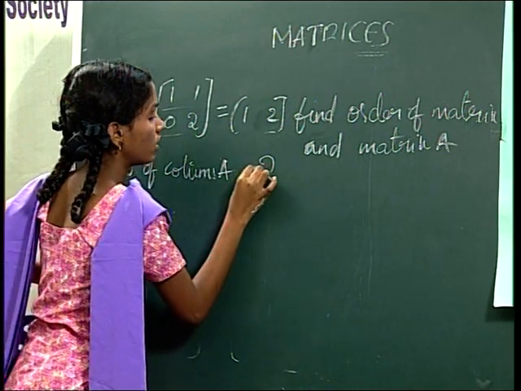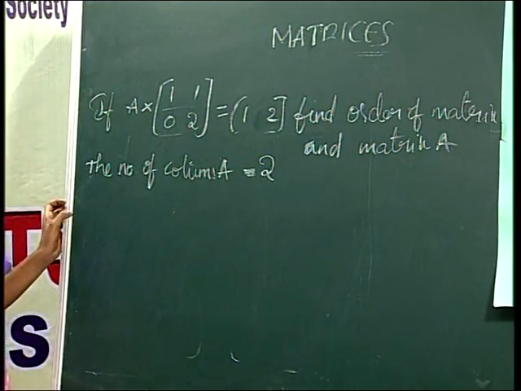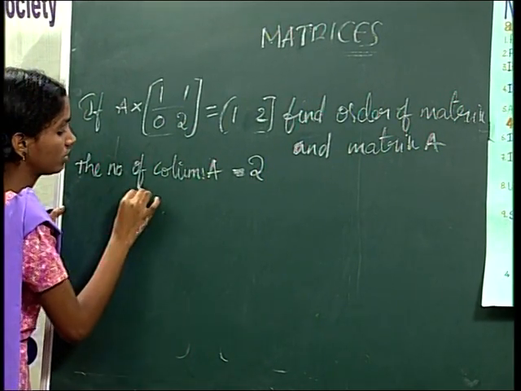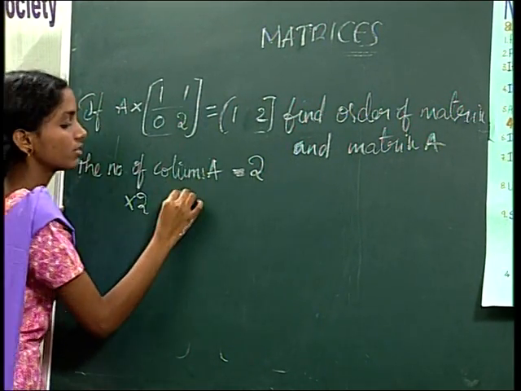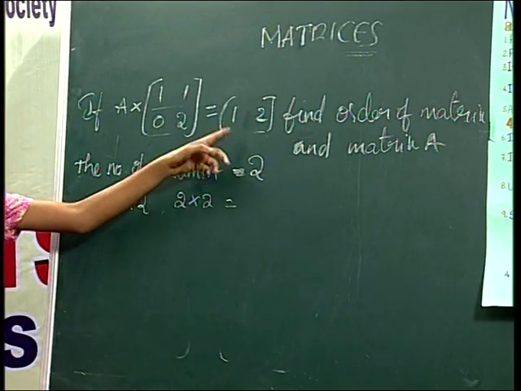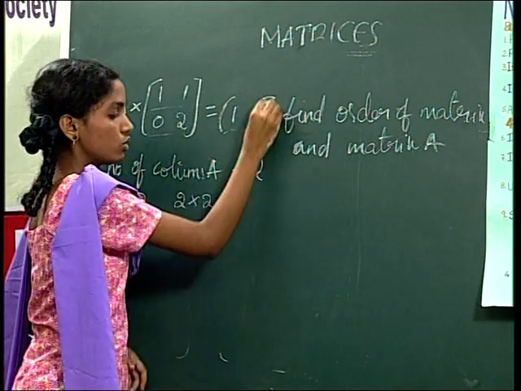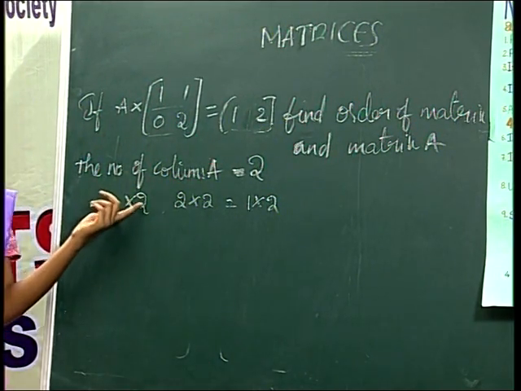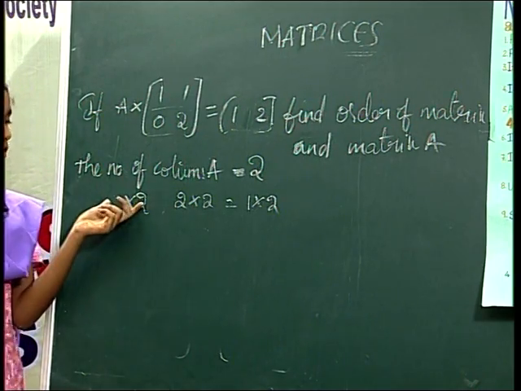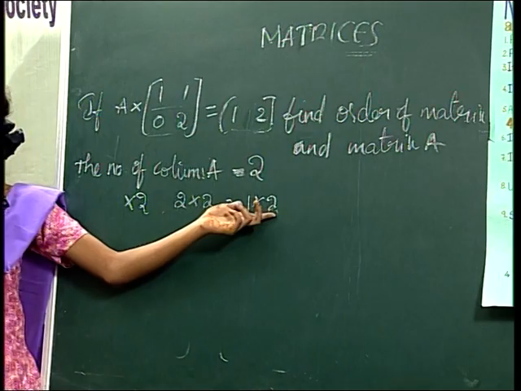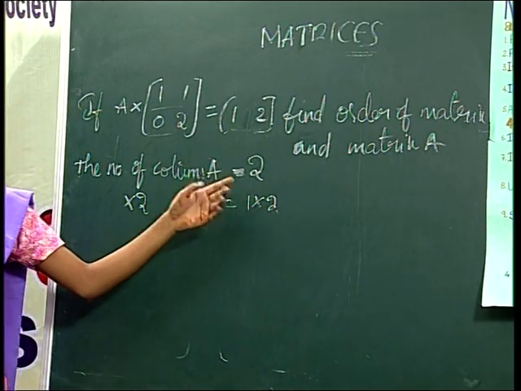in A is 2. Next we have to find the rows of matrix A. Here the order of this matrix is 2 into 2 and the order of the product matrix is 1 by 2. 1 row, 2 columns, 1 by 2. See friends, if we multiply a 2 by 2 matrix with a 2 by 2 matrix, the order of the product is also 2 by 2, but we want a 1 by 2 matrix.